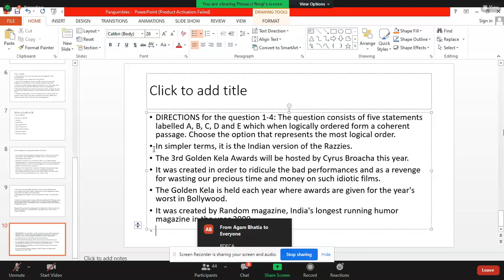Arrange these sentences in the correct order. Let this be A. This is A.